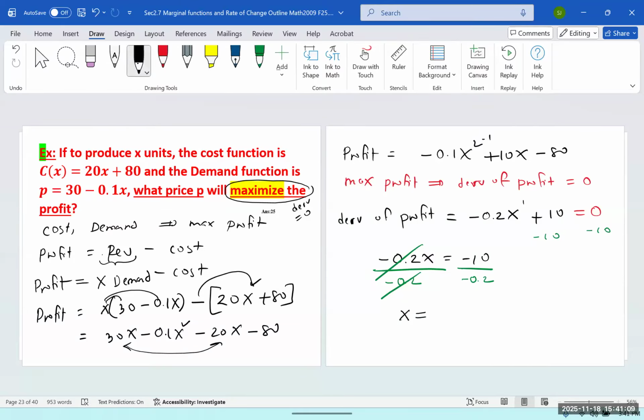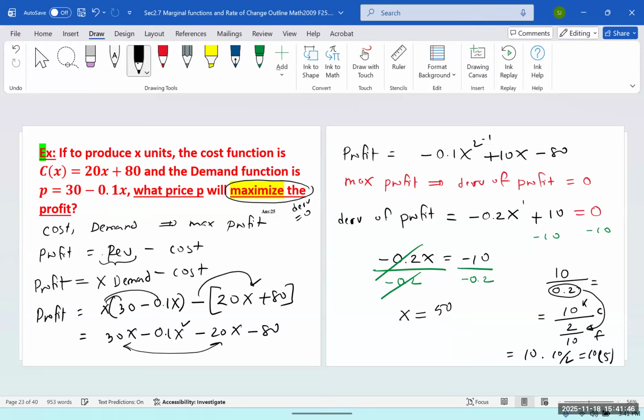If it's not in the calculator portion, then you need to know that this is the same as 10 divided by 2 over 10, since 0.2 is 2 over 10. So you do keep, change, flip. You get 10 times 10 over 2, which is 10 times 5.